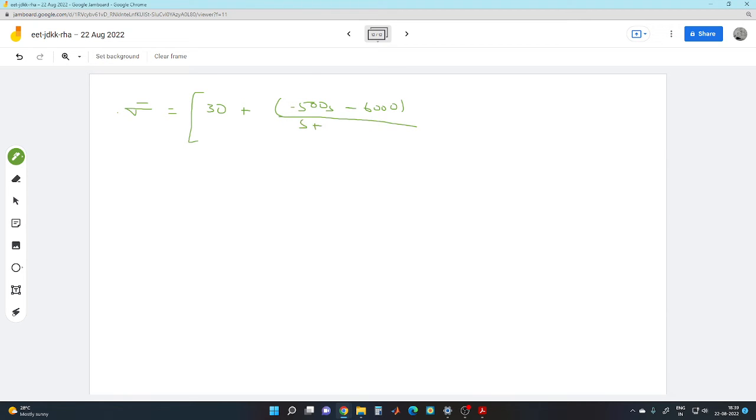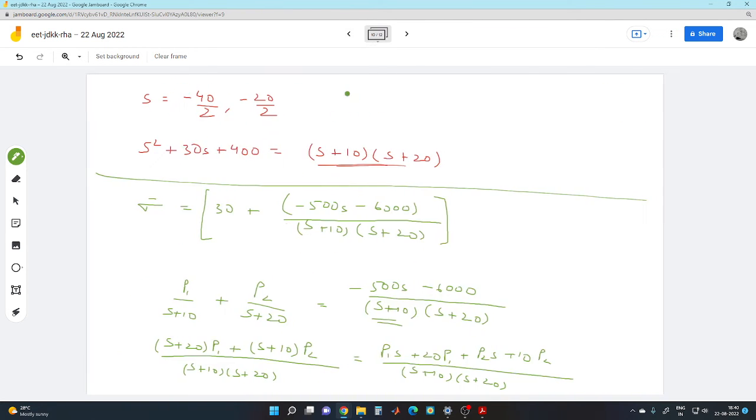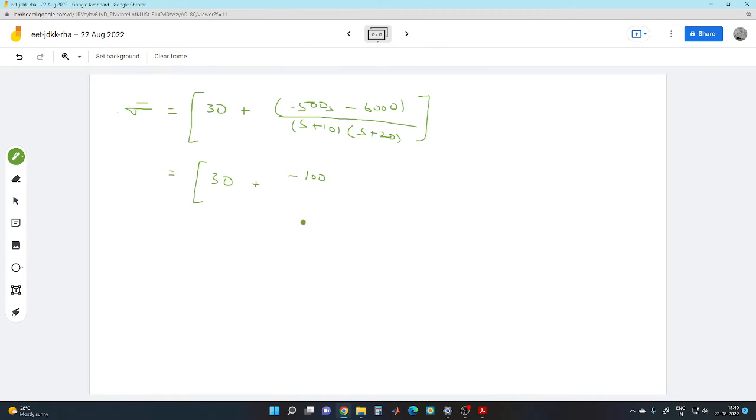So now we can directly write, we know P1 and P2. So sigma bar, which was given as 30 plus minus 500 S minus 6000 upon S plus 10 S plus 20, can be written as 30 plus minus 100 by S plus 10, because P1 was the numerator for S plus 10, and minus 400 upon S plus 20.